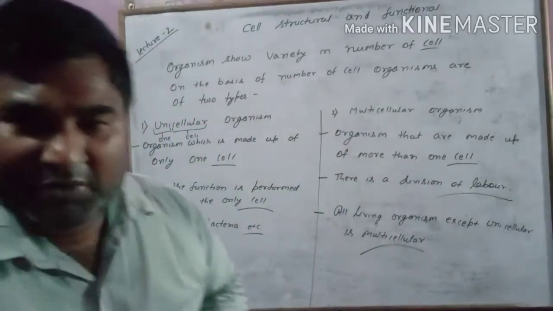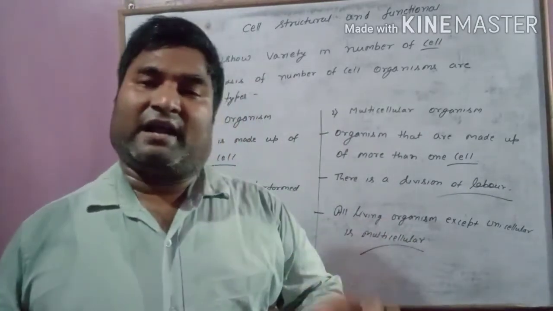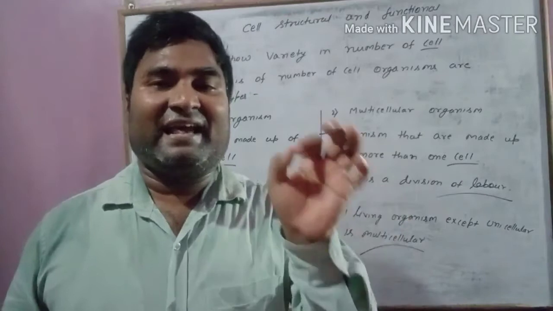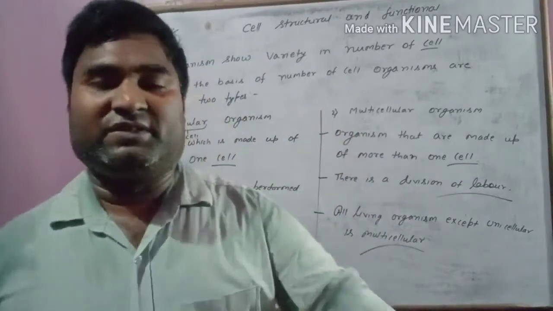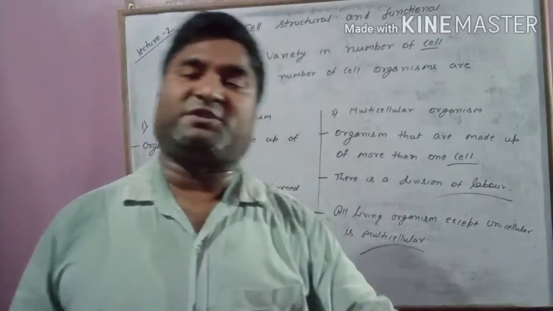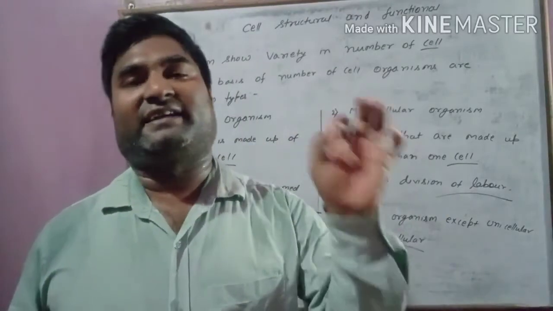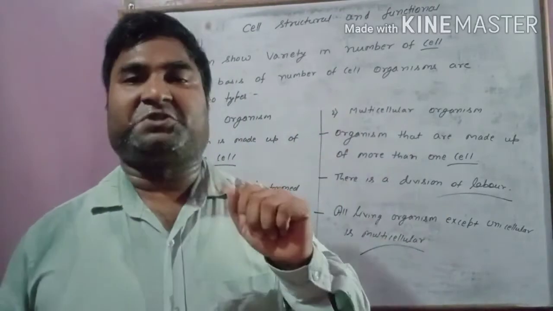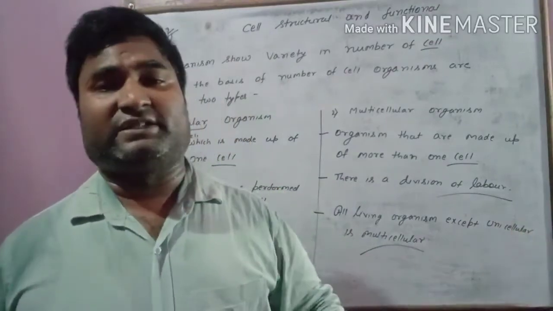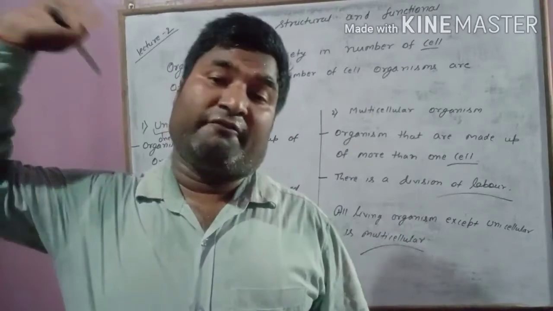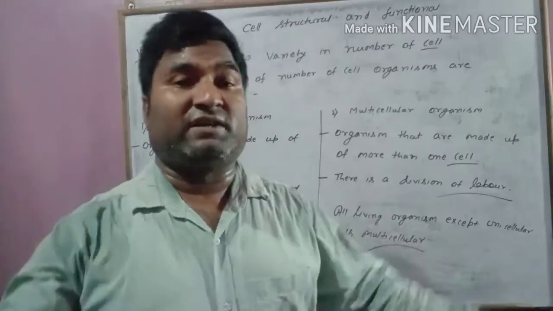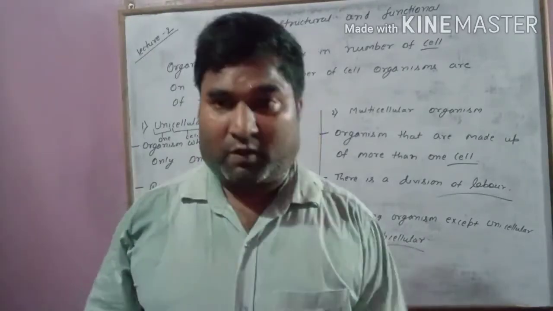It can be human being, it can be dog, cat, rat, mice, snake, ant, fungi. These all means whether it is smallest to smallest, it can be ant, it can be mosquito. These all comes under multicellular organism. Or you can talk about whale, dolphin or elephant, all comes under multicellular organism.